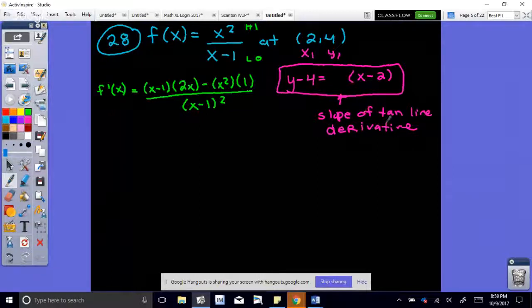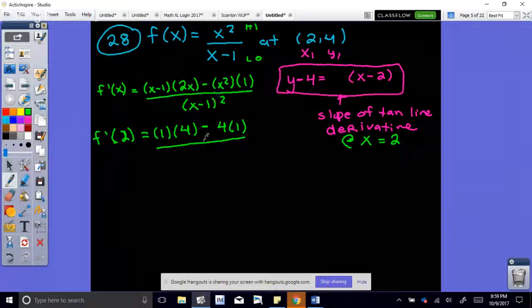Okay, so I found my derivative. We need to use that to find the slope of the tangent line at x equal to 2. All of the derivative is in terms of x, so we're now going to take the derivative and plug in 2. So we're going to find the derivative at 2. We get 2 minus 1, which is just 1, times 2 times 2, which is 4, minus 2 squared, which is 4, times 1, all over (2 minus 1) squared, which is 1 squared.